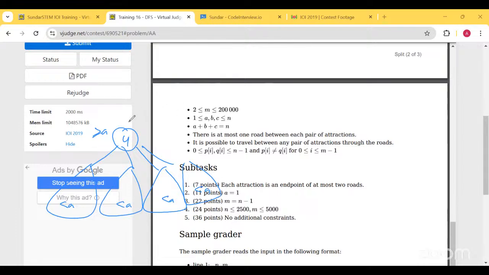Then there are two cases, right? Whether the rest of the component is greater than or equal to a. Okay, for this case, it is possible, right? We can create a partition here. And then what if this is less than a? What shall we do?